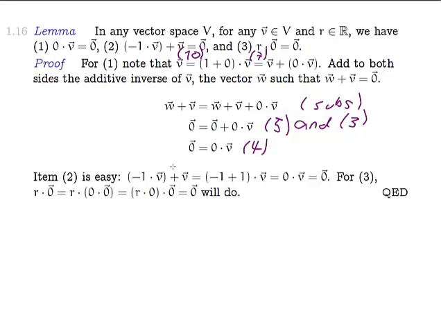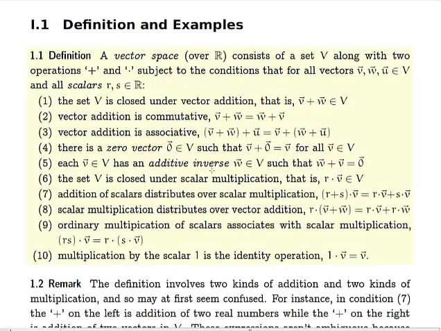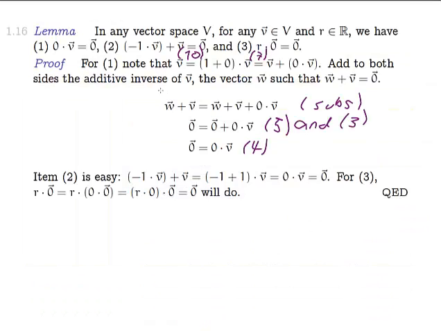He didn't write that here, but he's really using the fact that v is 1 times v, and then he's using the distributive property. So we're actually using two properties here. We're using the fact that v equals 1 times v, so we're using 10. And we're also using the fact that we can distribute addition over scalar multiplication. So we're using 10 and 7 here.